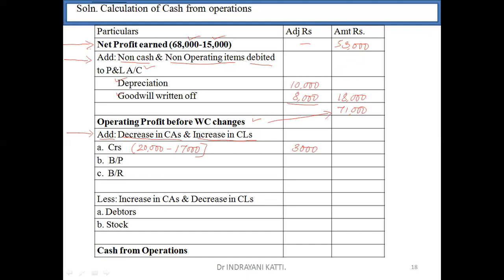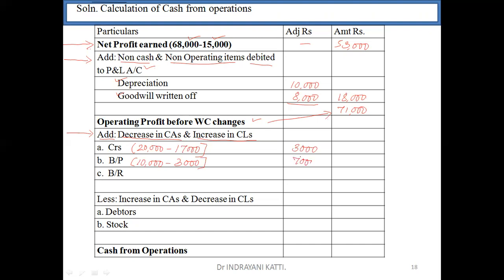Coming to the next one, bills payable. It is also the same case. It is increased. 3,000 was there earlier, and next year it is 10,000. So 10,000 minus 3,000, the difference is 7,000.